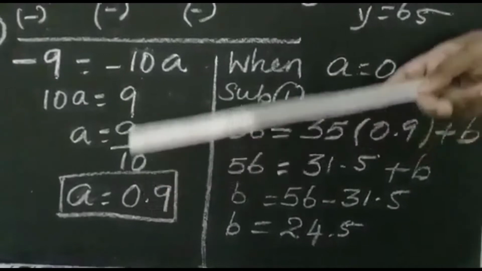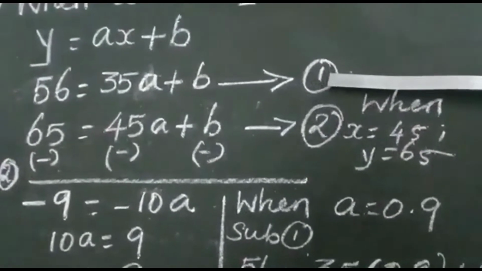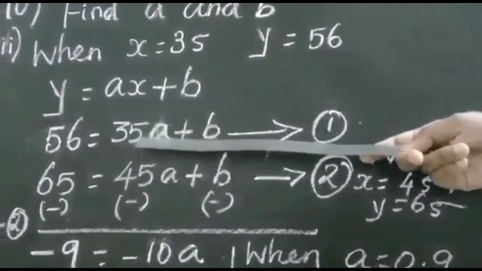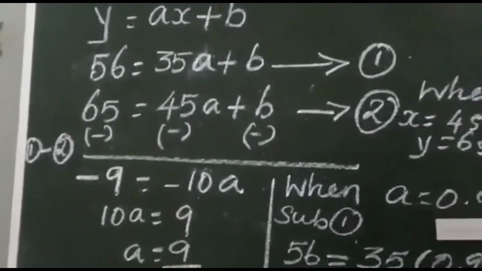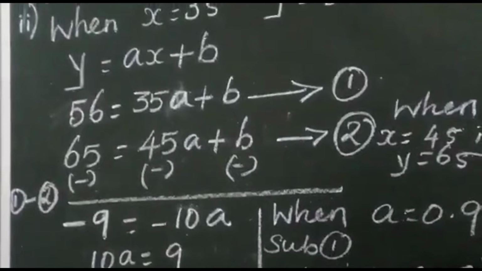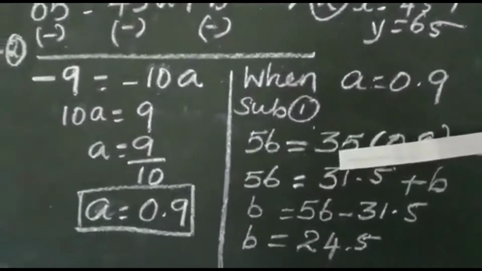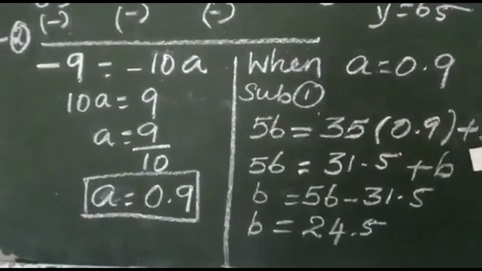Now we find the b value. Here take equation number 1 and substitute a equal to 0.9. So we substitute in the first equation: 56 equals 35 into 0.9 plus b.